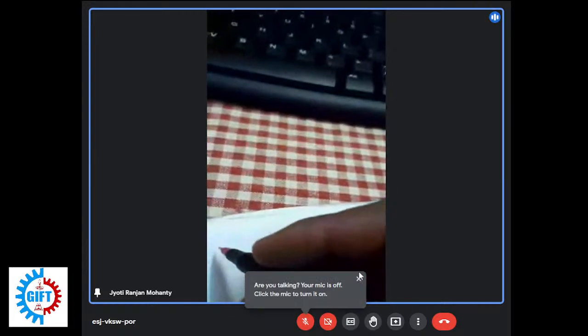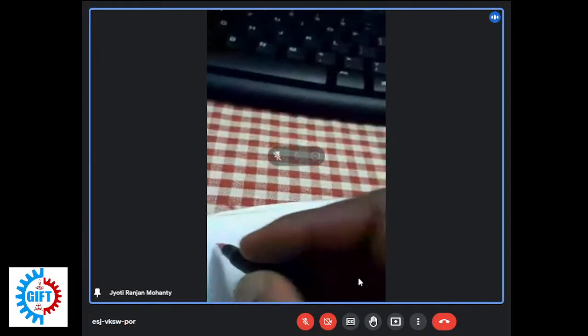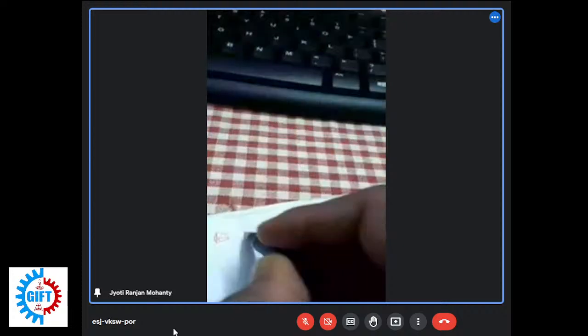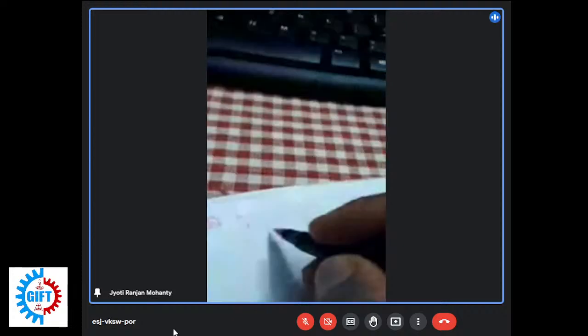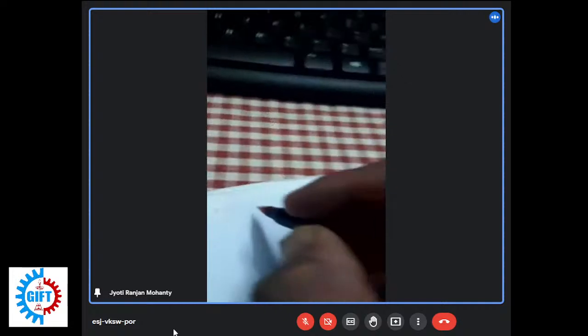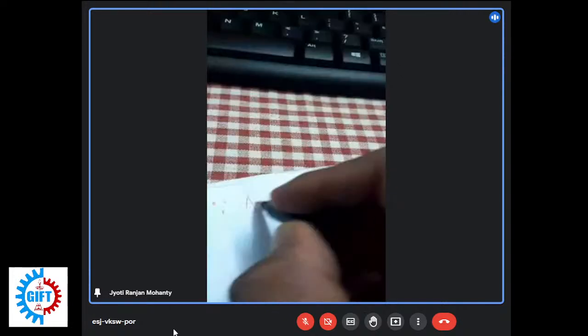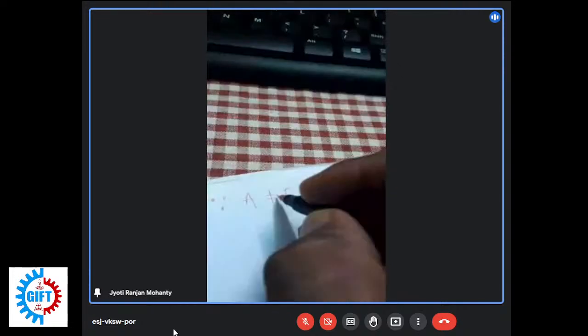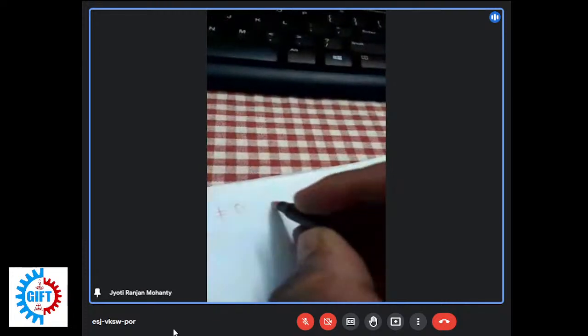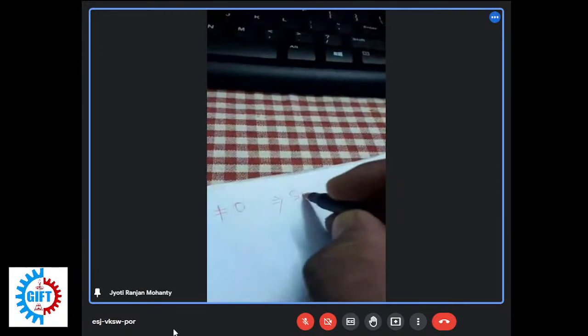So A sin ka is equal to 0. Whether A is equal to 0 or A is not equal to 0, we are going to determine it. So A is not equal to 0, so sin ka will be 0.